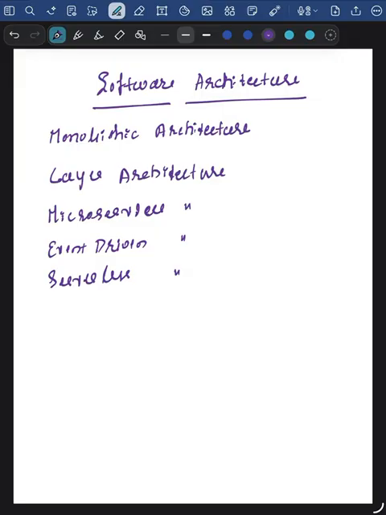So at any given point of time, what are my requirements? If security is my high requirement, or I'm more concerned about scalability, I'm okay to have fewer security compliances, but my systems should be scalable. So an architect selects patterns based on the system's required characteristics and business constraints, right?